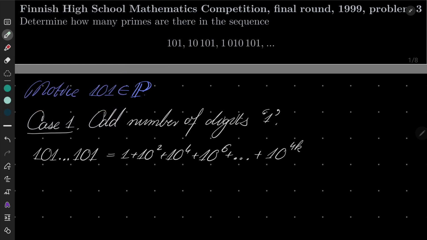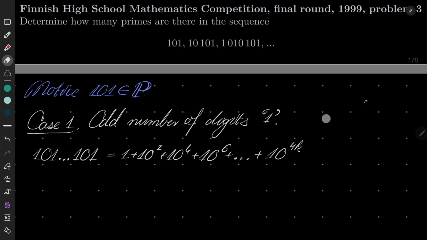Well, let's consider a few cases to see the pattern. 1, 0, 1, 0, 1. Here we have 10 to the power of 0. Here we have 10 to the power of 2. Here we have 10 to the power of 4. If I add another 2 ones, I will have 10 to the 6th, 10 to the 8th. And it's visible that the first digit represents 10 to the power divisible by 4.